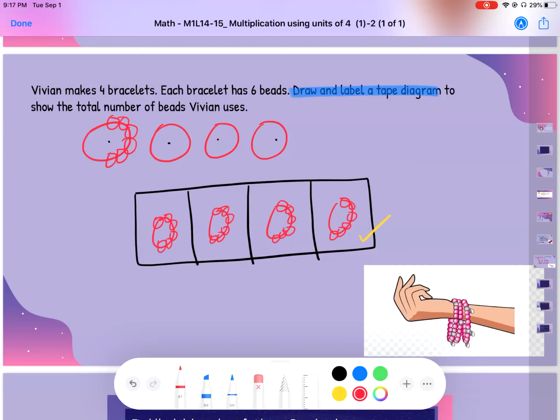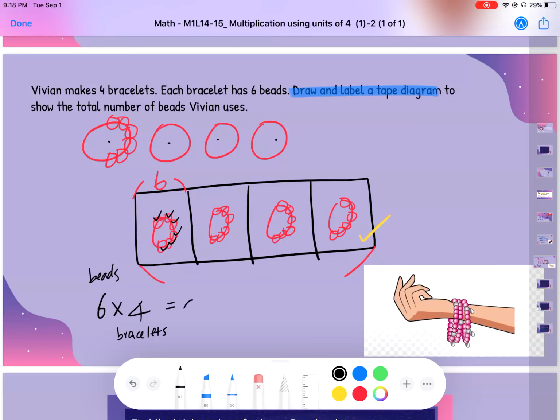Let's label the part. First, I need to label the number of beads in one bracelet, which is 6. Then what about the total? So there are 2 ways to do it. First, just manually count the number of beads on the diagram, or we can come up with a multiplication sentence, which is 6 times, there are 6 beads, and there are 4 bracelets, right?